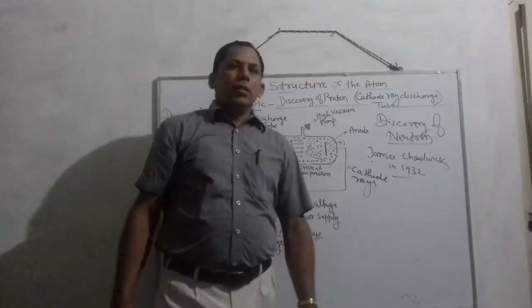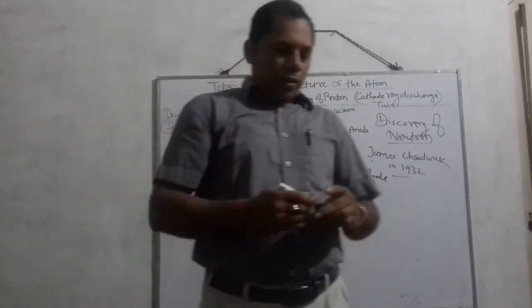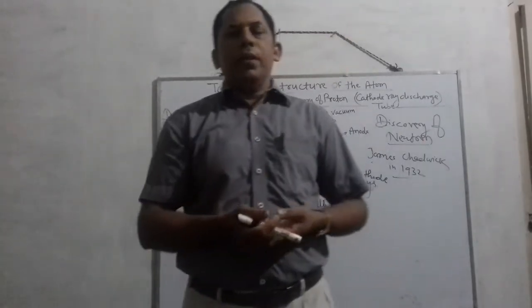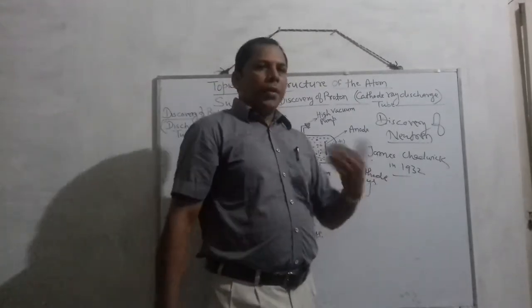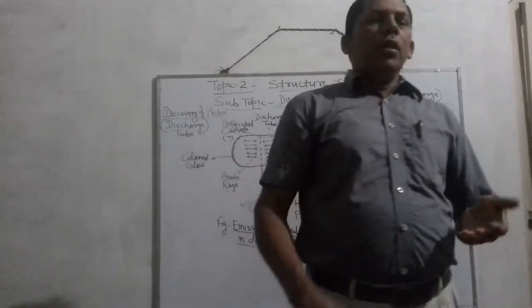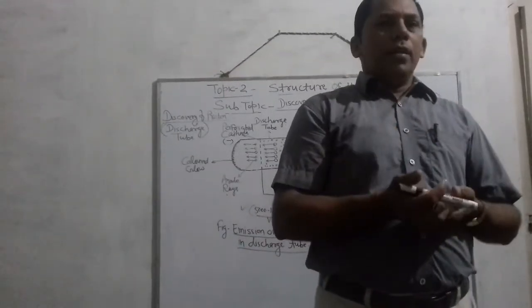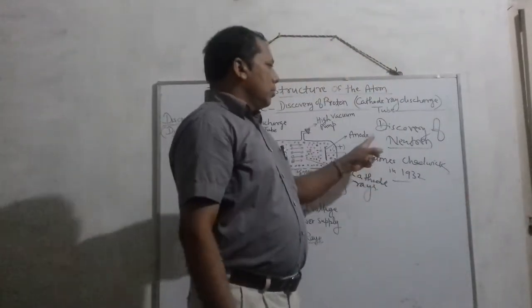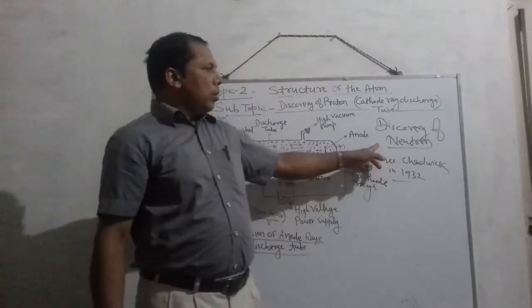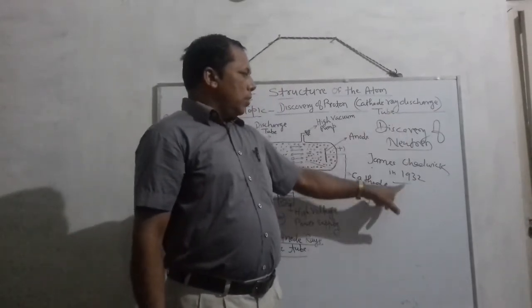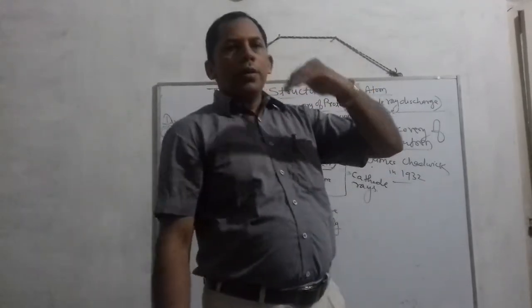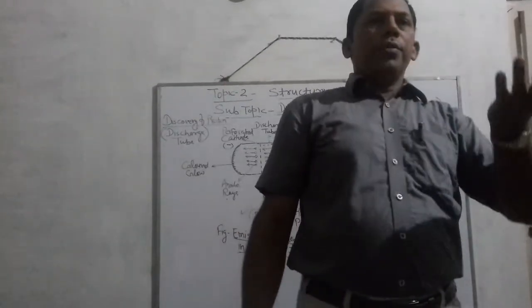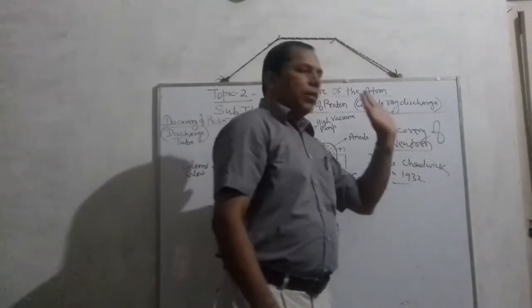As you know, neutron is a chargeless or neutral particle and is produced in an artificial manner. So in this we are going to know how neutron was discovered.